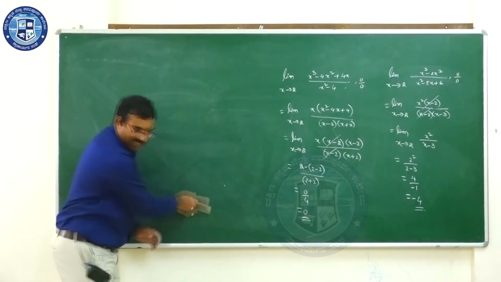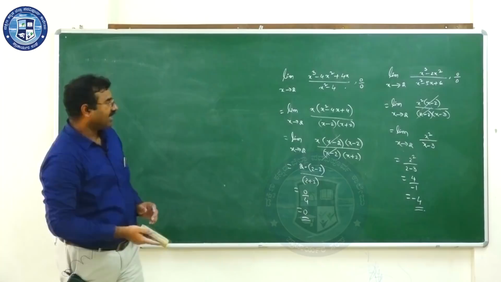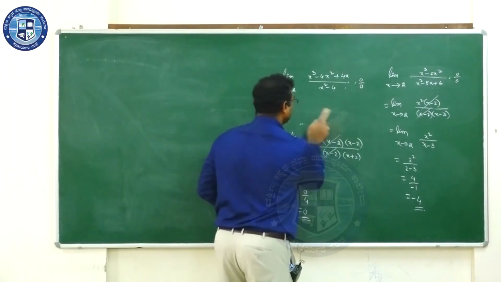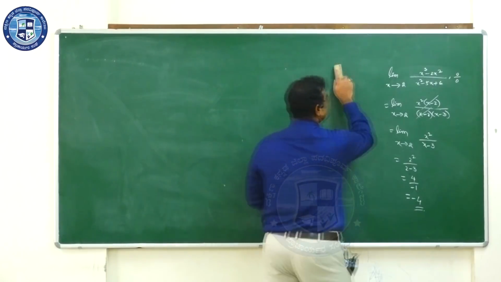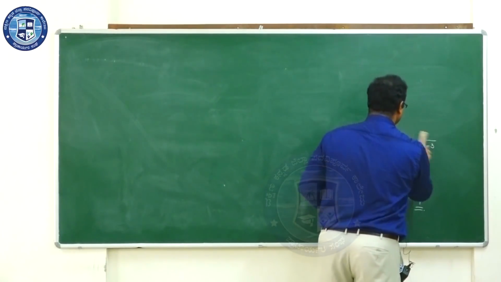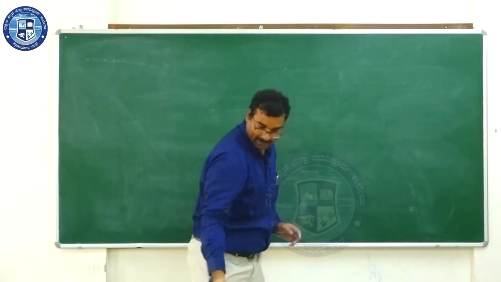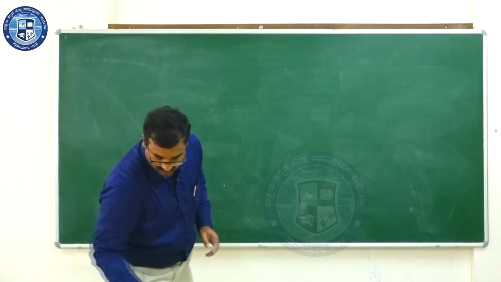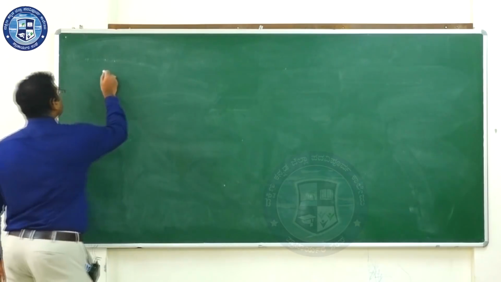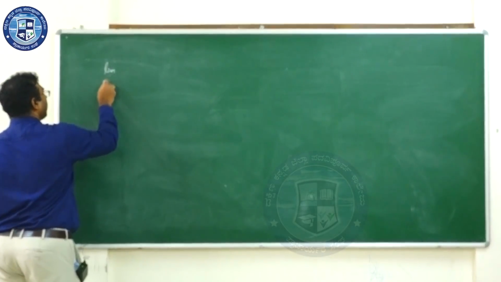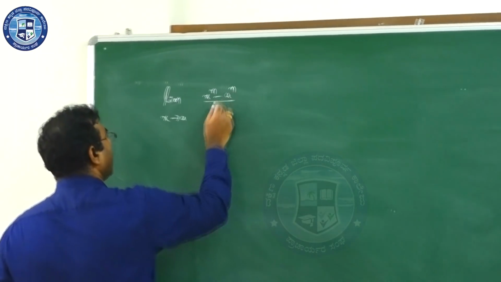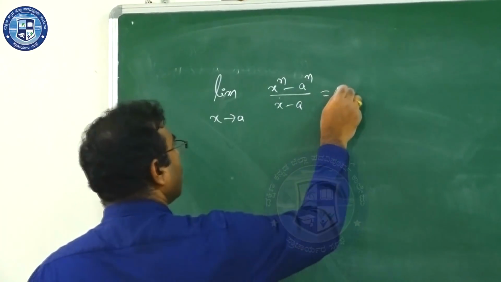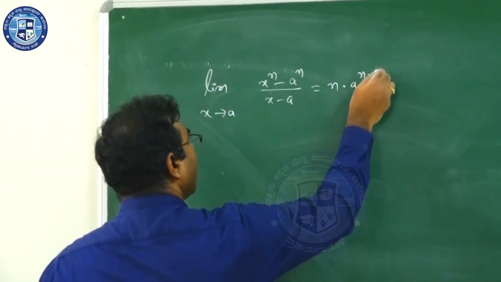And what else we have learnt in first PUC is 2 more formulae. Just I write it and then we'll stop this session. Limit x tends to a, x power n minus a power n by x minus a, it is n into a power n minus 1.